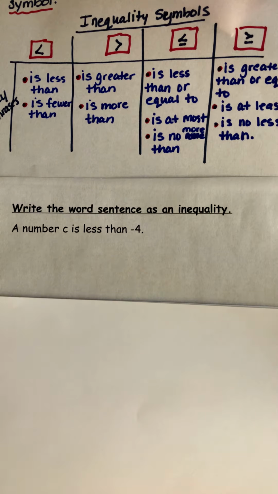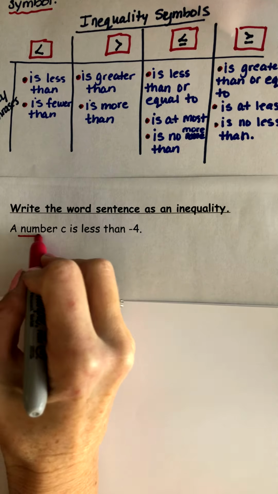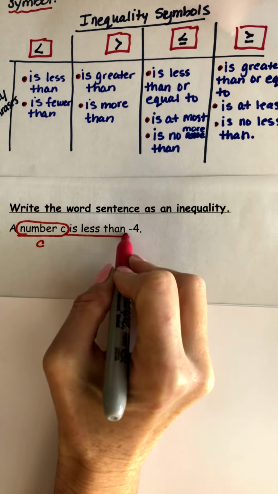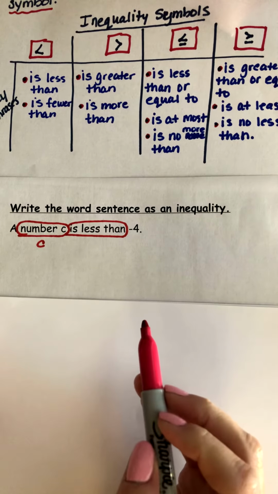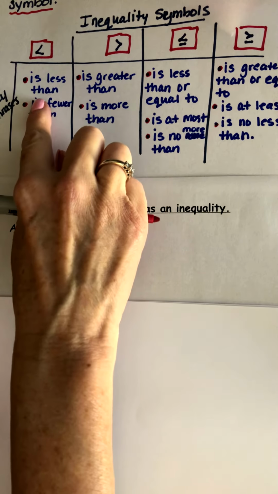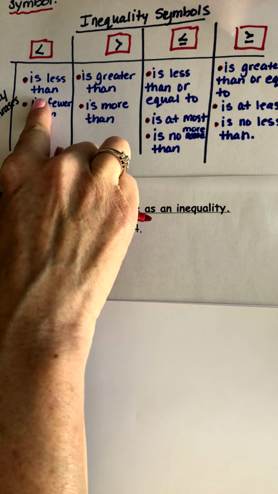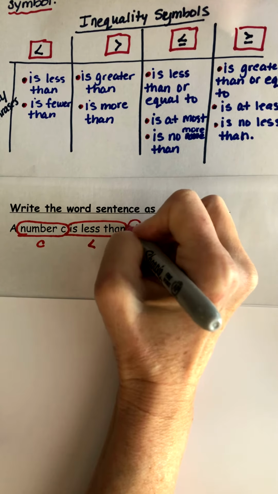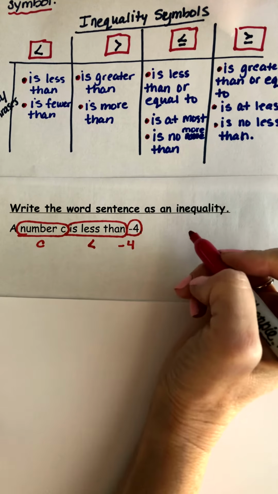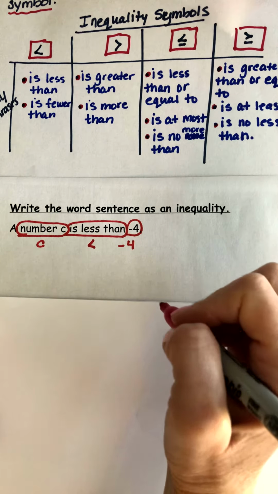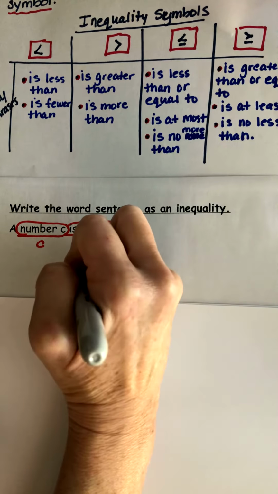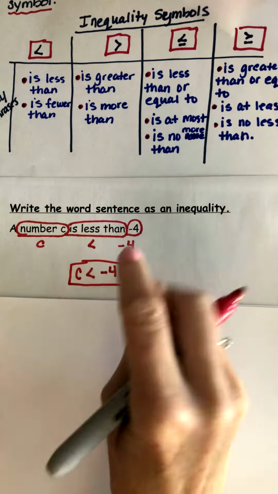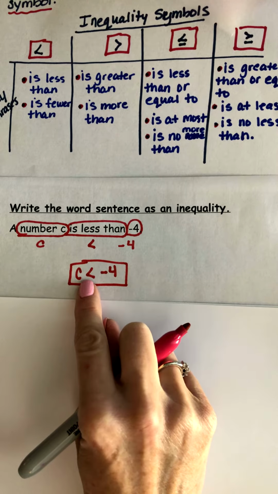I have a number C. Do we know what C is? No, but we know it's C. And then we have is less than. If I look at my key terms, is less than is right here. And then -4. So my answer here would be C is less than -4. Notice we do not have an equal sign, we have the inequality symbol.